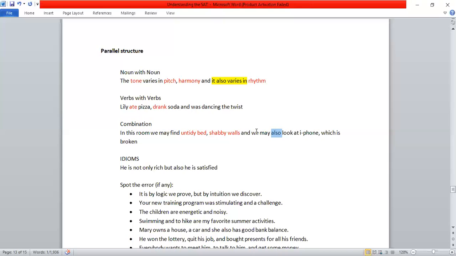How should I write it? Did you get the correct answer? So this is my noun. What kind of adjective can I give it? It says which is broken. So what iPhone is it? It's a broken iPhone. So all I need to do is, in this room we may find untidy bed, shabby walls, and broken iPhone. So I only need these words.